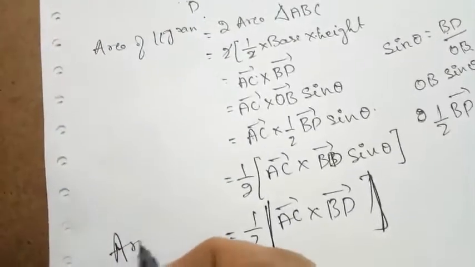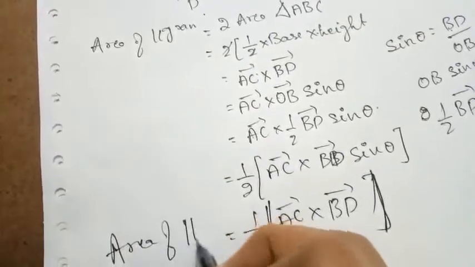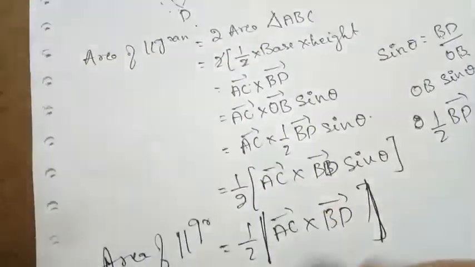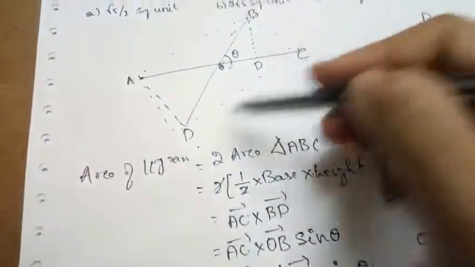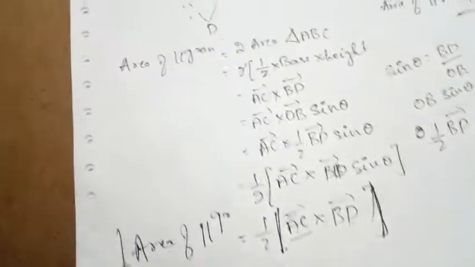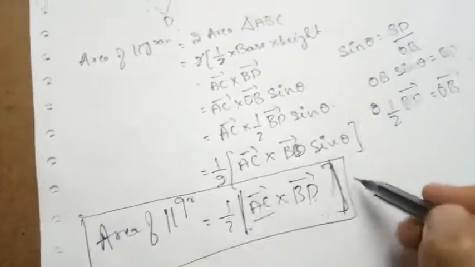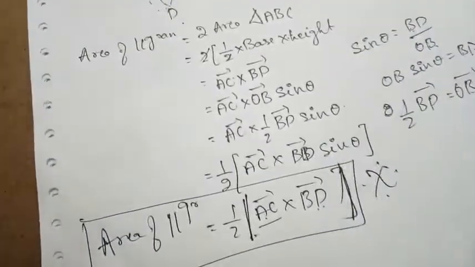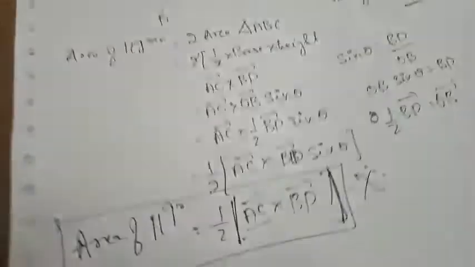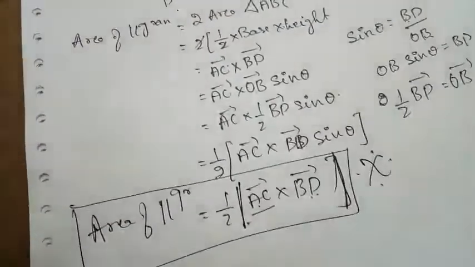So the area of the parallelogram is half of the cross product of the two diagonals, because AC is a diagonal and BD is also a diagonal. Remember this important formula to do some questions, to find the area of parallelograms when the two diagonals are given. It is very important, because this is not mentioned in your NCERT textbook.